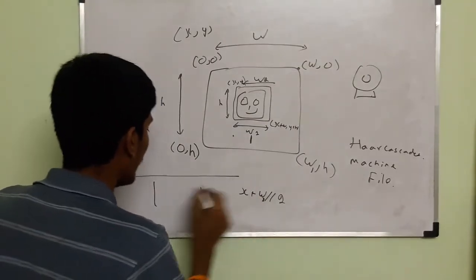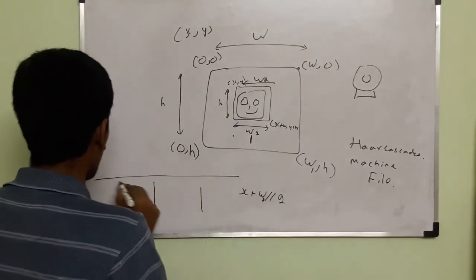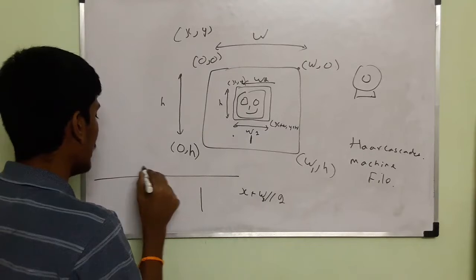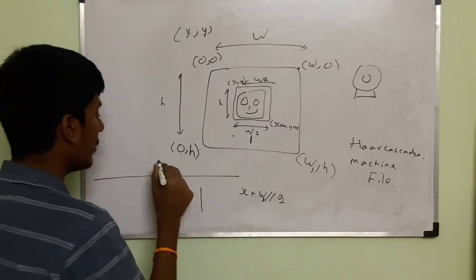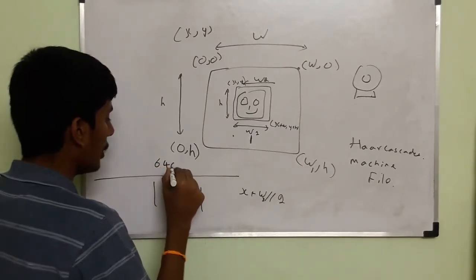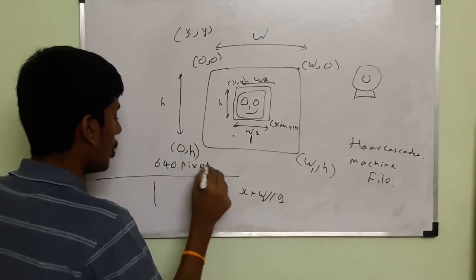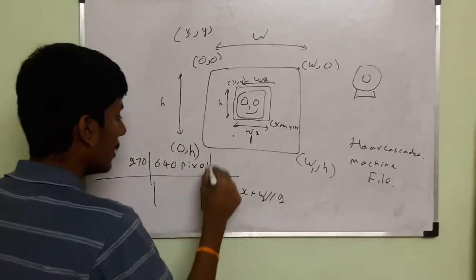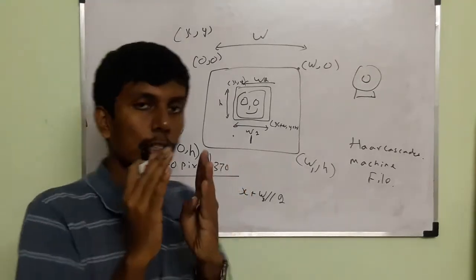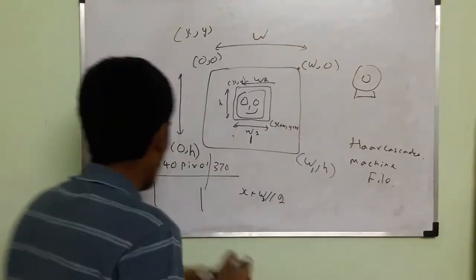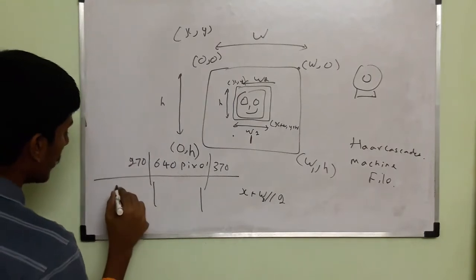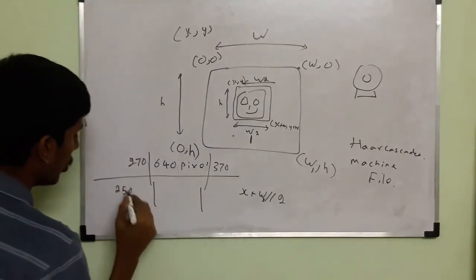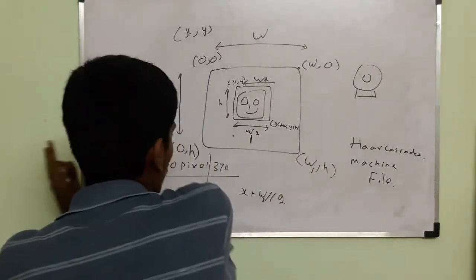So this is our total image and our face lies here. We will check whether it lies between, so our image will have a width of 640 pixels. So our face should lie somewhere around 270 and 370. If so, the camera is in the right place. But if our face lands somewhere around here, now let's say it is somewhere around 250, so it's too much towards the left.